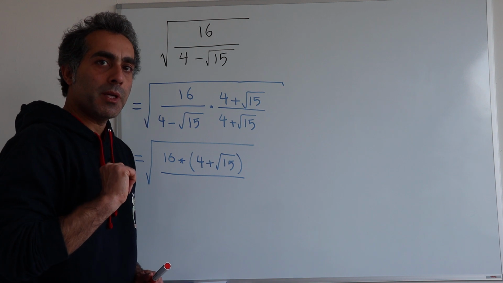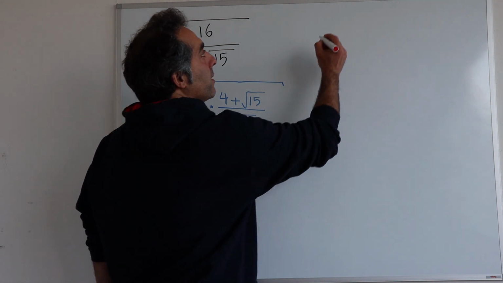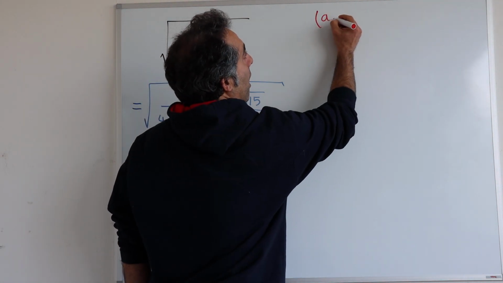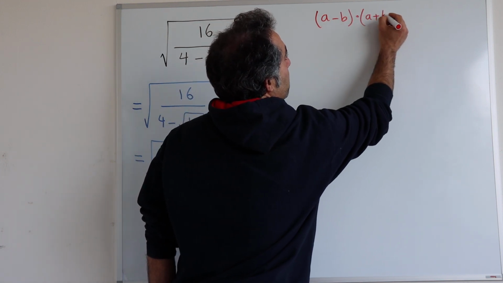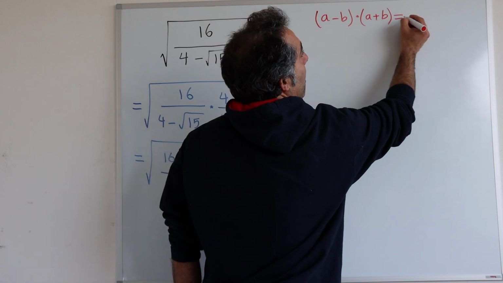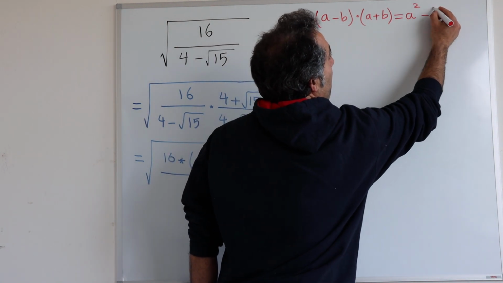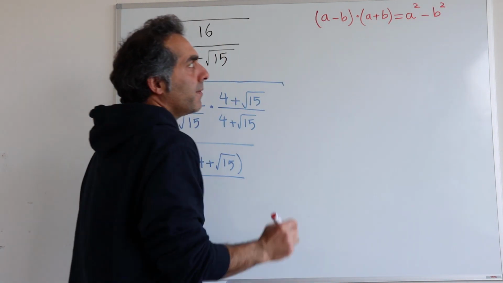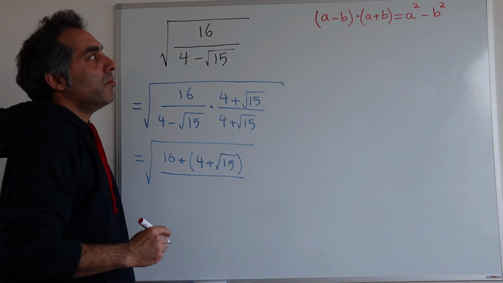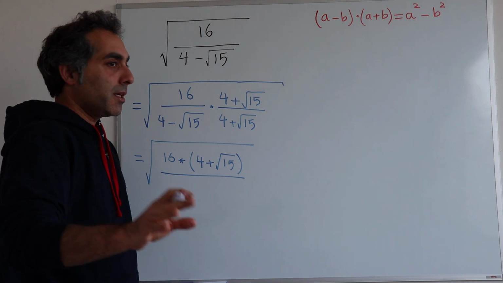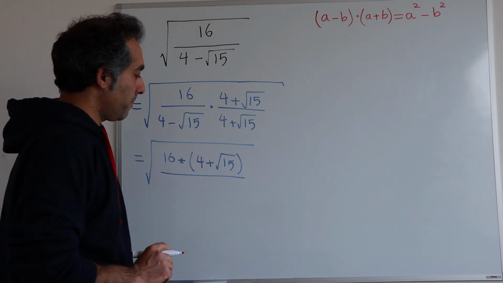And you can maybe remember an identity like a minus b times a plus b, which is a squared minus b squared. That is a very helpful identity. You can always use it in conjugate multiplication.